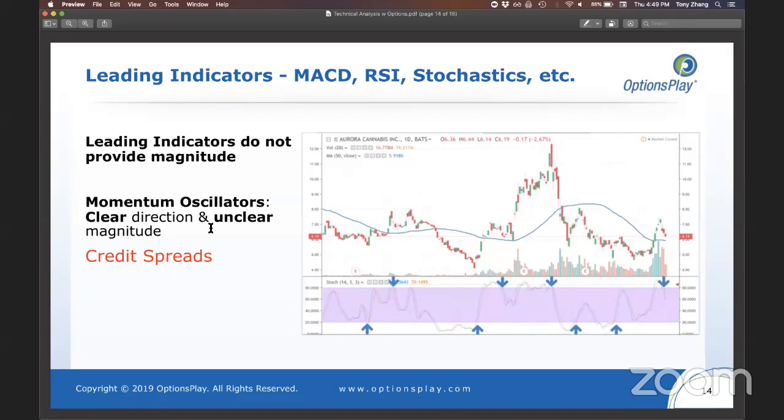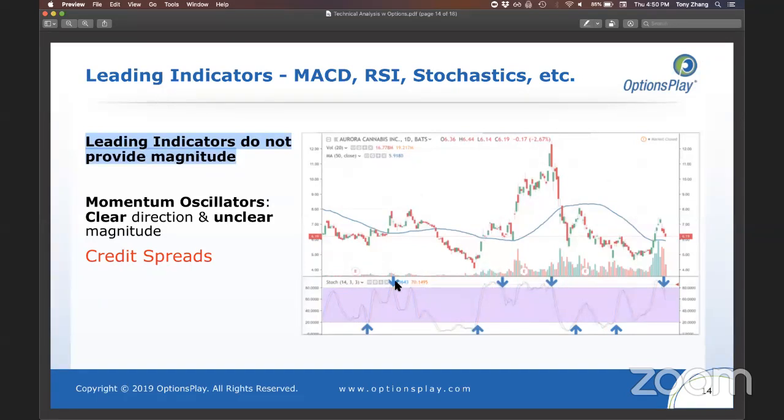But one thing that I want to point out, that I see these indicators being misused many times, is the fact that leading indicators such as MACD, RSI, and stochastics do not provide magnitude. So here I have a chart of Aurora Cannabis. As you can see, I have stochastics here at the bottom of my screen, and it generates multiple buy and sell signals.